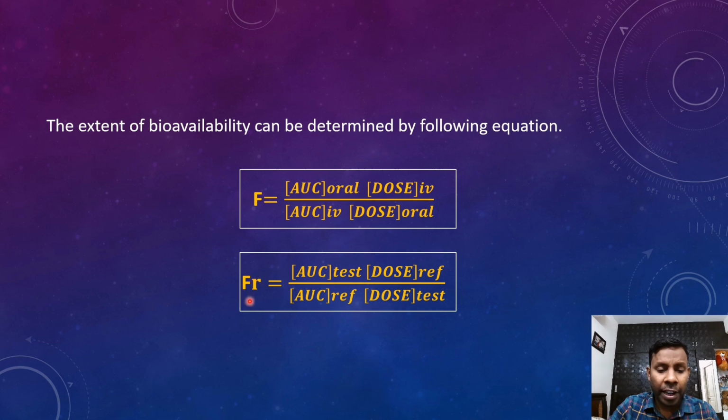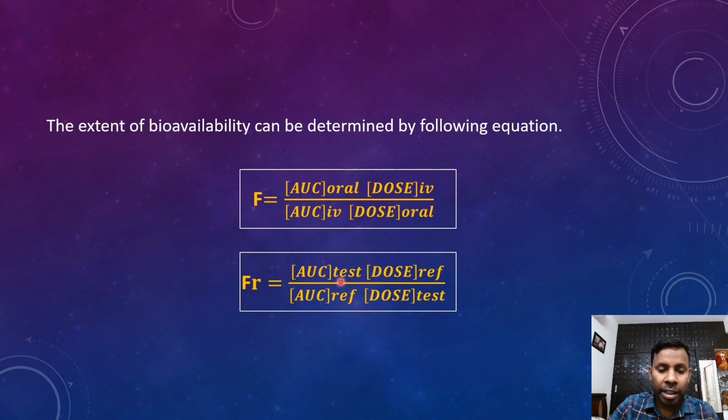Then in the case of Fr, relative bioavailability, it is obtained by multiplying the AUC of test with the dose of reference, divided by AUC of reference into dose of test. Because in relative bioavailability, we are comparing the test and reference formulation.